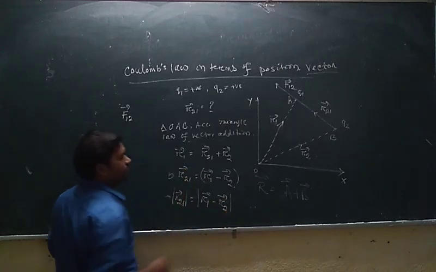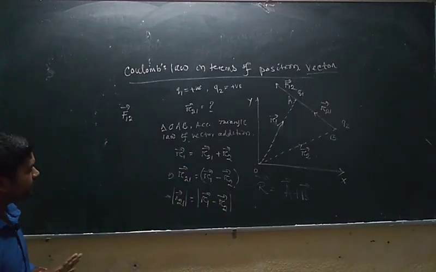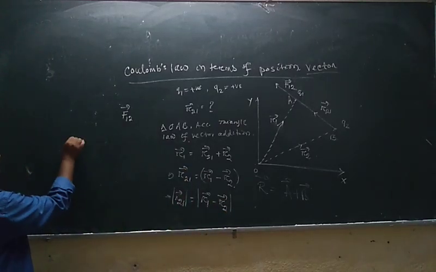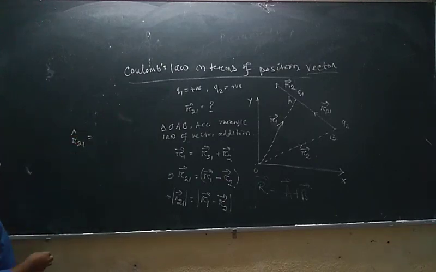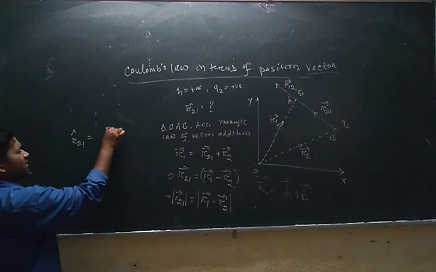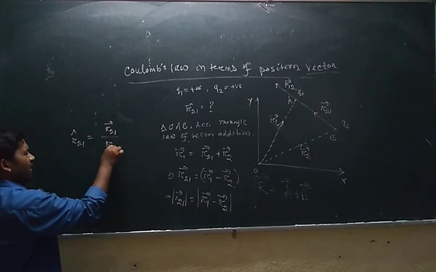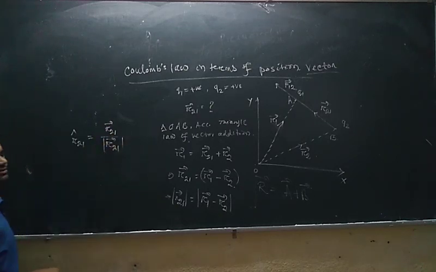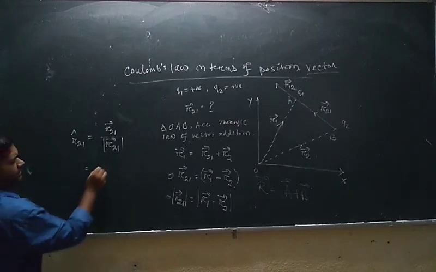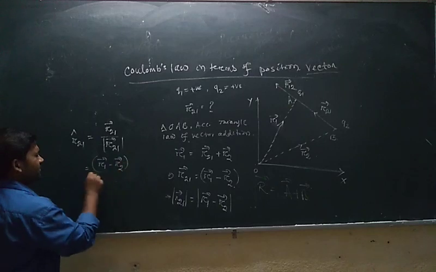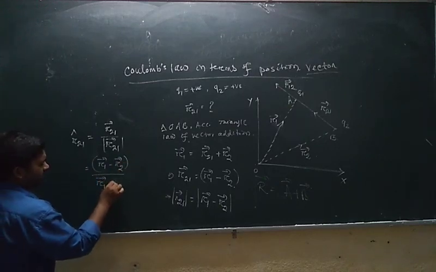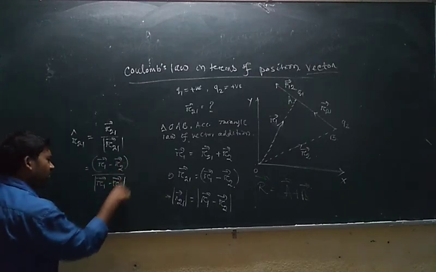And the R21 unit vector equals the R21 vector divided by the R21 vector magnitude, so it is R1 vector minus R2 vector divided by the modulus of R1 vector minus R2 vector.